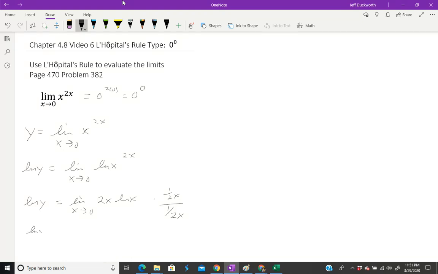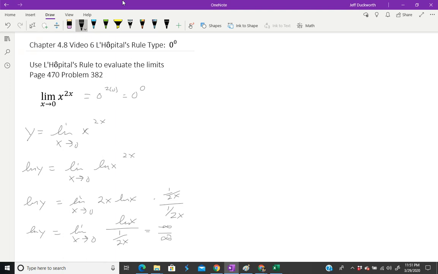So I get natural log of y equals limit. Well, the 1 over 2x cancels with the 2x in the numerator, so I'm left with ln of x over 1 over 2x. All right, so now if I plug in a 0, I get negative infinity over infinity.